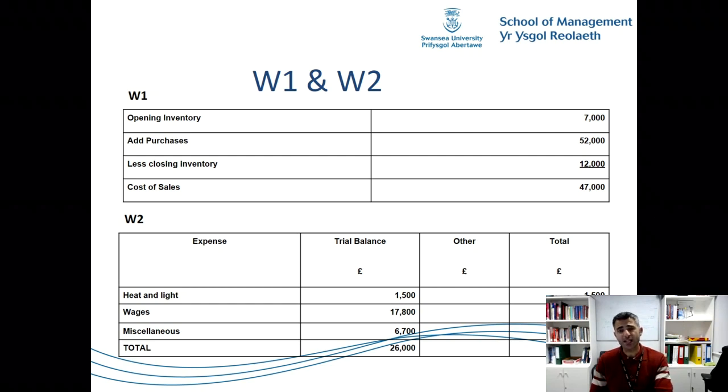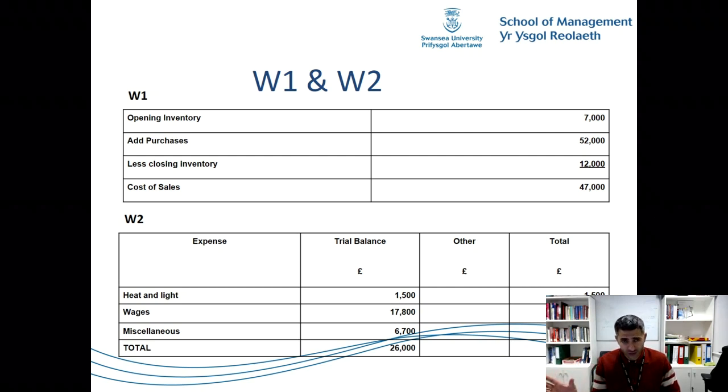Okay, so now let's have a look at working one. What is the cost of sales? Cost of sales is opening inventory plus purchases minus closing inventory. So what is the opening inventory?